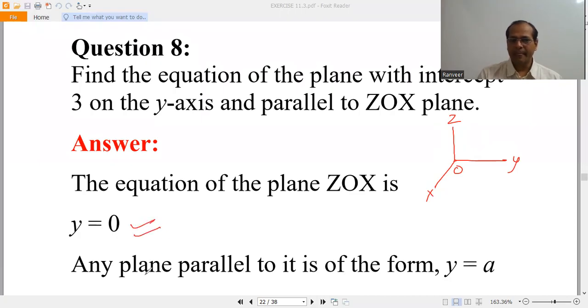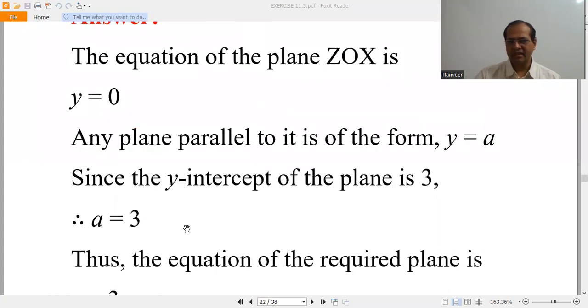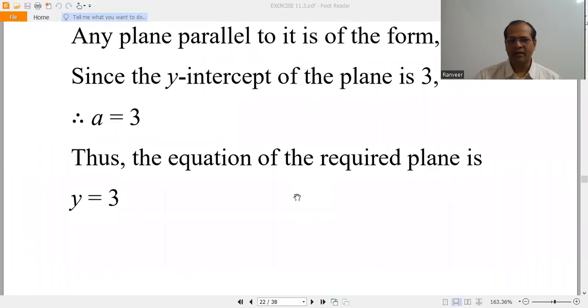So any plane parallel to it, we can write y equal to a. Now it is given the plane has intercept 3 on the y-axis, so the a value is 3. So the y-intercept of the plane is 3, and the equation of the required plane is y equal to 3.